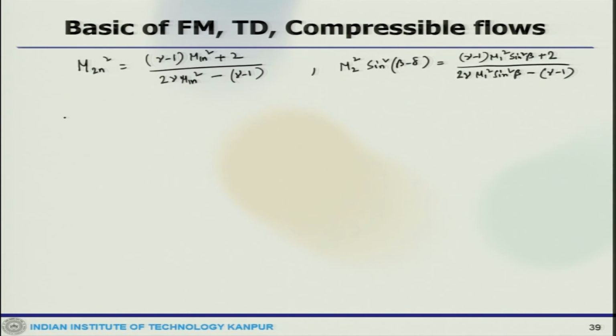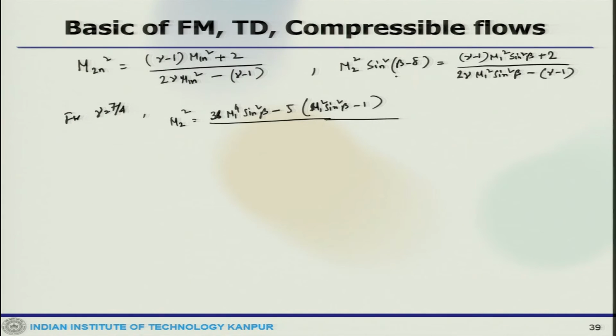Now, for gamma equals 7 by 5, we get M2 square equals 36 M1 to the 4 sin square beta minus 5 (M1 square sin square beta minus 1) into (7 M1 square sin square beta plus 5), where 7 M1 square sin square beta minus 1 and M1 square sin square beta plus 5 appear.